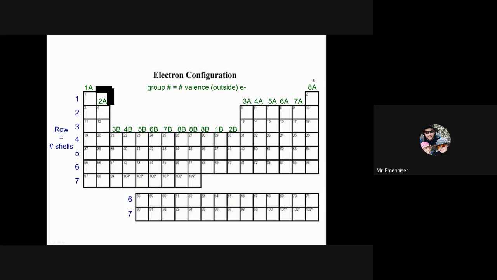And then at 8, you fill that last shell. There's the S block. There's the P block over here. There's the D block and the F block. No, there's no block C, sorry. There's S block, P block, D block, and F block. Notice that helium is also S, because hydrogen and helium are the 1s.